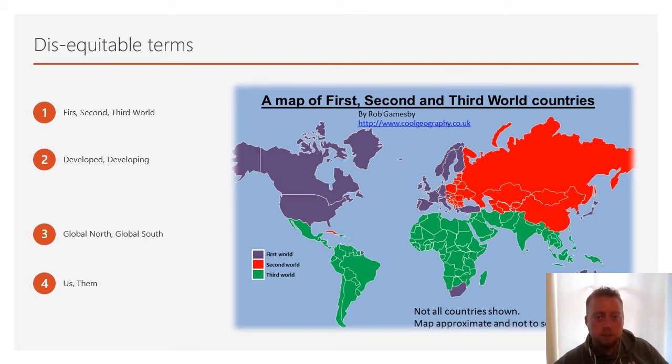It just means that they may not have a development that looks like our development, or it may be countries that are quote unquote not modernized, and so again, it's just a way of distinguishing us versus them.